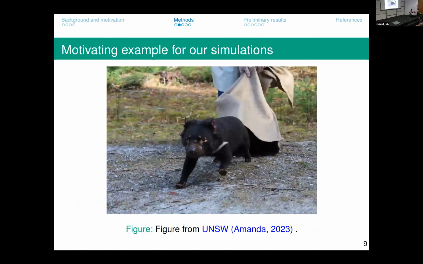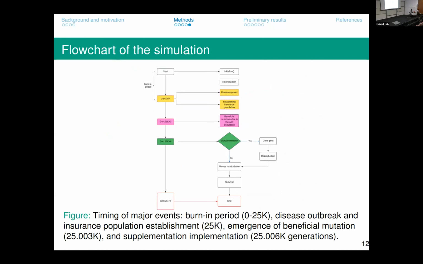Our example is Tasmanian devils. There is a recent paper showing that Tasmanian devils are evolving against the disease. The model we applied is the non-Wright-Fisher model. This is the flowchart of the simulation.